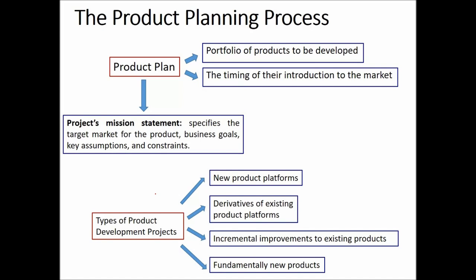Computers are developed on a certain technological platform, and as a derivative of that, we can get different products. Or we can incrementally improve the existing products, the different versions, improved versions of the product can be launched. And also completely new products also can be launched. So completely new ideas. So those are the different types of projects that we need to handle, and the planning would be slightly different for different types.